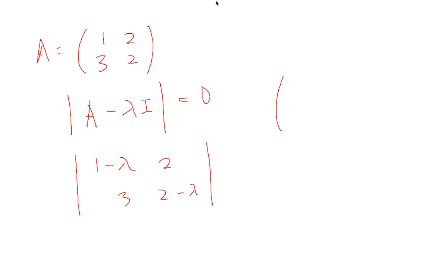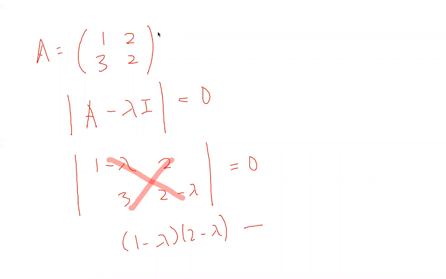And the determinant equals 0. The determinant is very simple: we just cross multiply. It is 1 minus lambda times 2 minus lambda, minus the second cross, 2 times 3, which is 6.